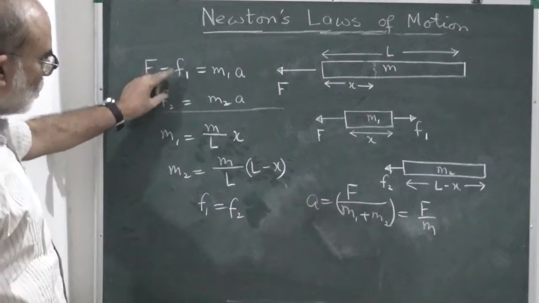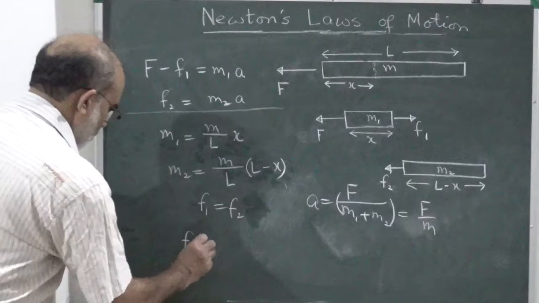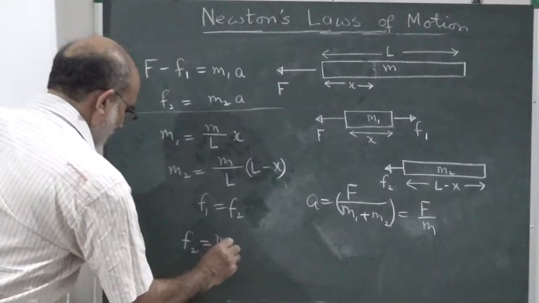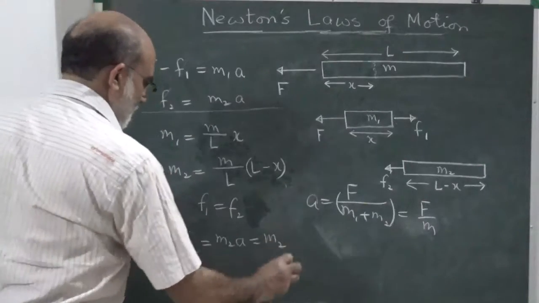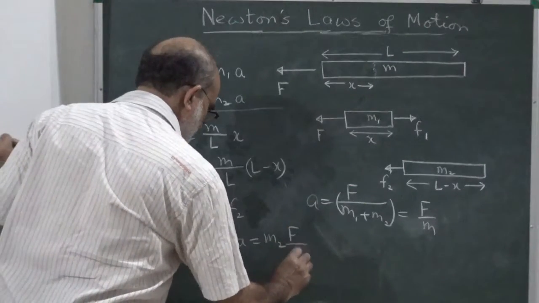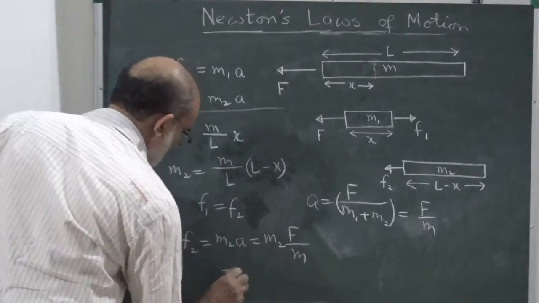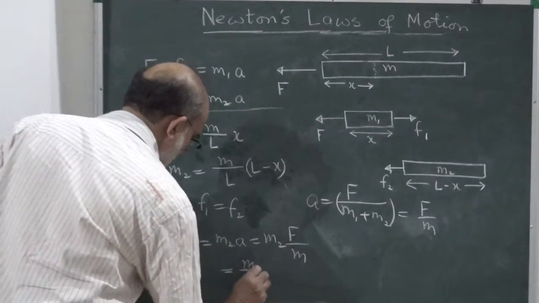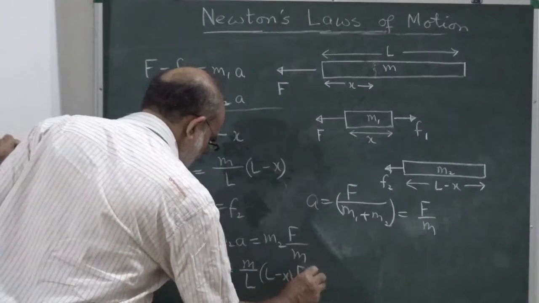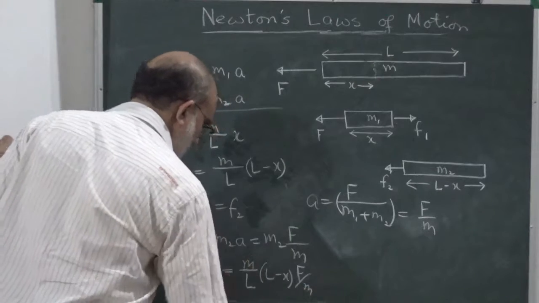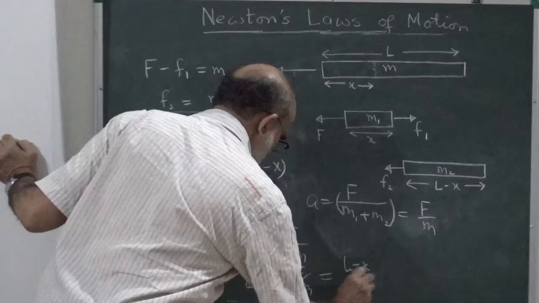Either you find F1 or F2. So suppose F2 is equal to m2a, m2 times a, which is F by M times M by L into (L minus x). M cancels out, and the answer is F times (L minus x) by L.